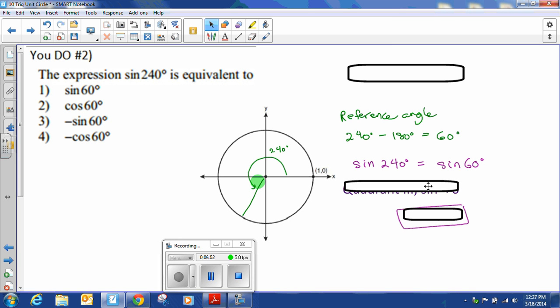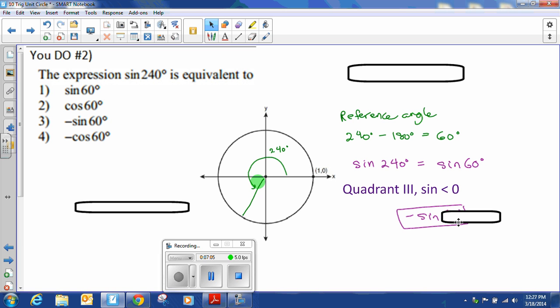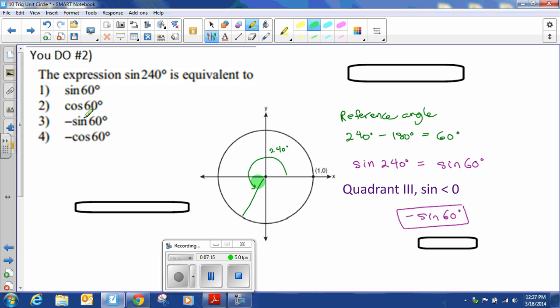So sine of 240 is really sine of 60. But we're in quadrant 3, where sine is less than 0, sine is negative. So we need to change sine to negative and keep 60 the way it was. So negative sine 60 degrees. The answer is that.